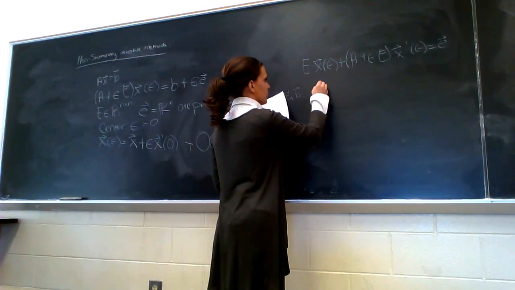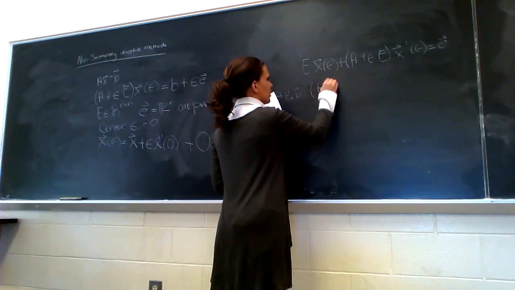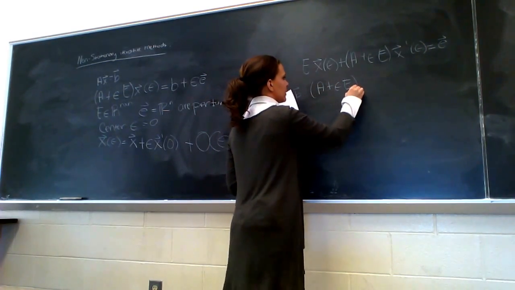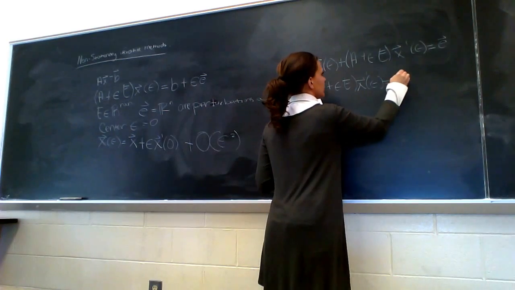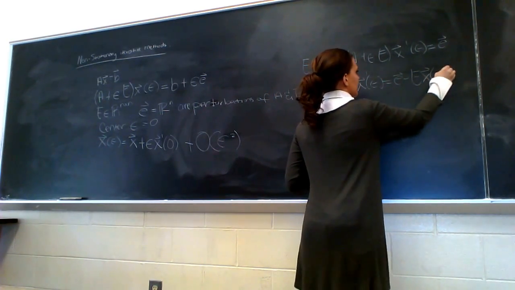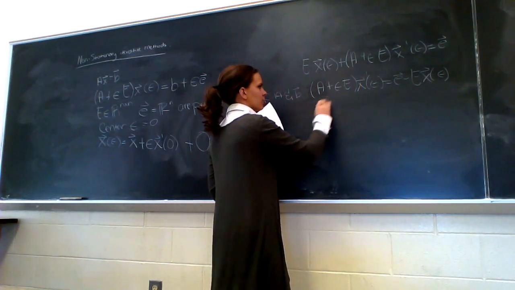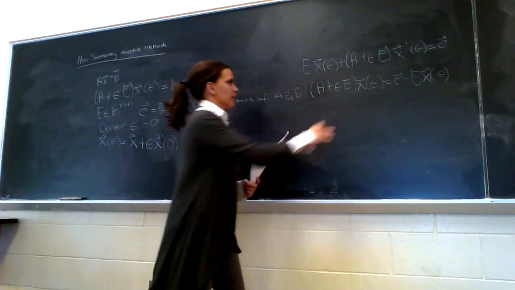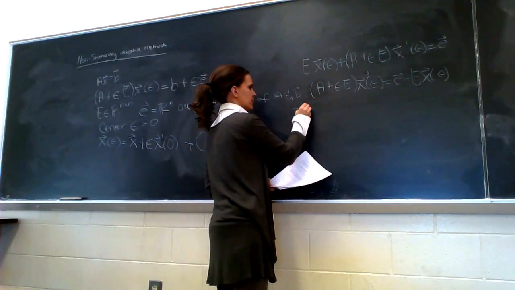So move this term over. A plus epsilon E times x prime of epsilon equals e minus E x of epsilon. Then I can multiply both sides on the left by the inverse of this matrix to cancel that.